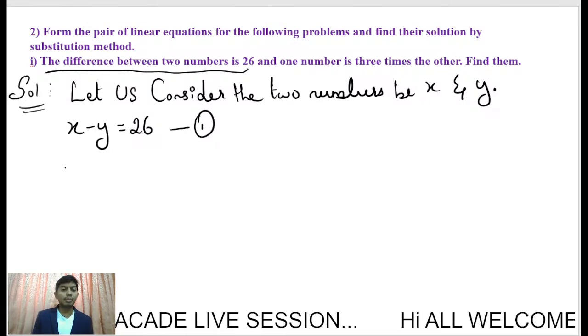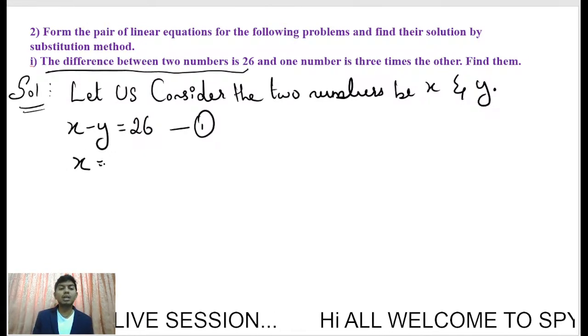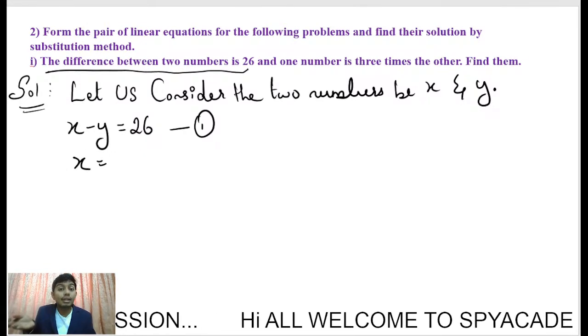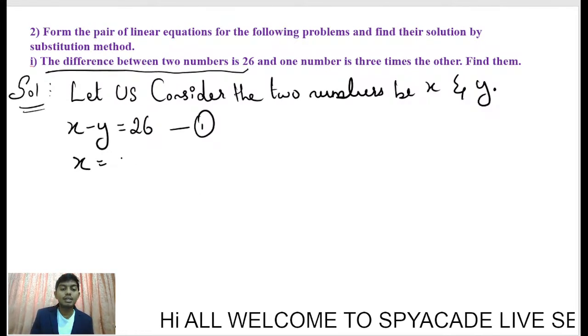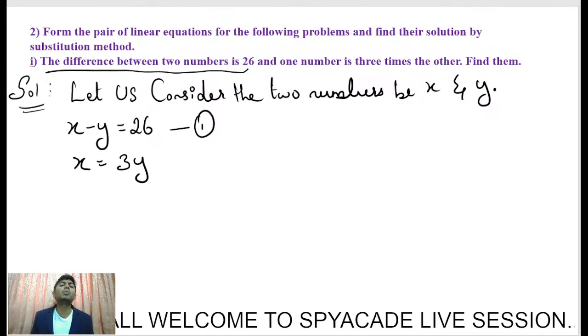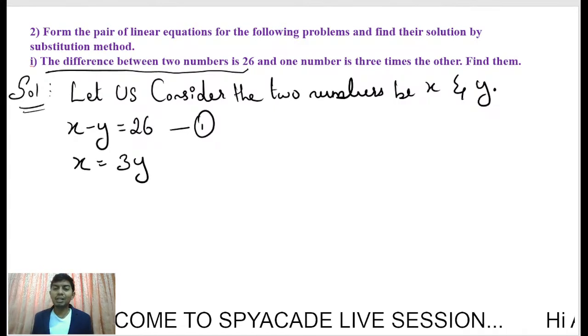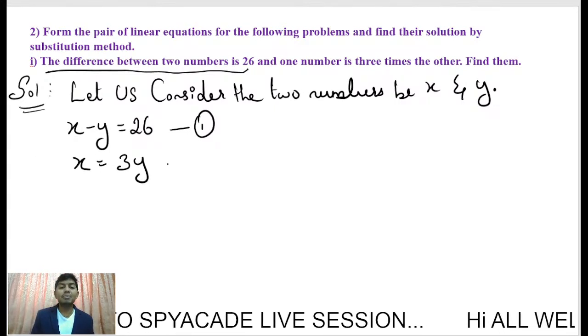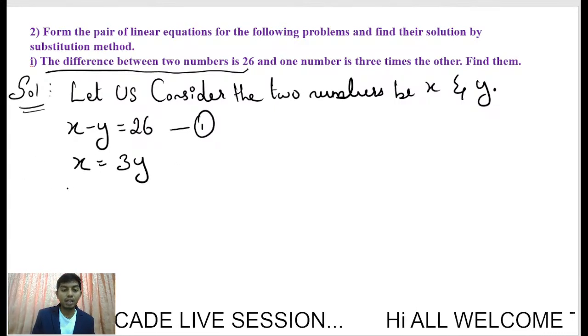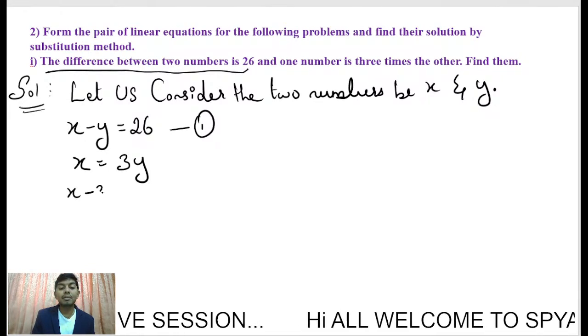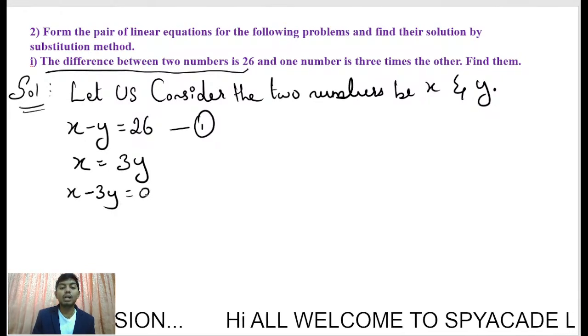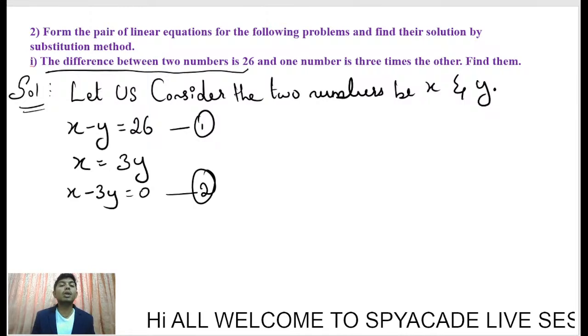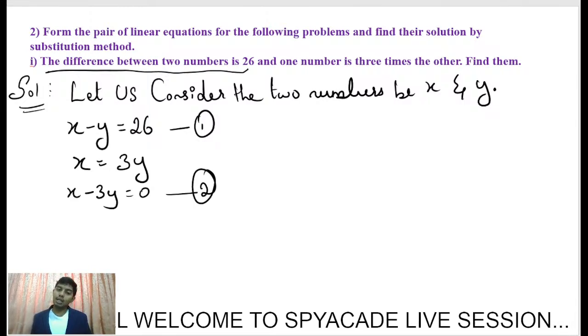Maybe you can consider x is equal to 3y. This can be the next equation. Maybe we can rearrange and write x minus 3y is equal to 0. This is going to be the second equation.